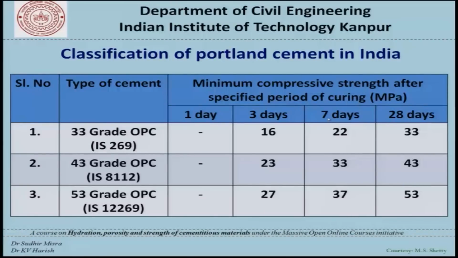You also see that all these cements, 33 grade, 43 grade and 53 grade, have the same chemical composition, and for the same chemical composition one cement produces higher compressive strength than the other. The primary differences between these cements will be in the fineness of the particular cement. For example, for the 33 grade, the fineness is much lower compared to the 43 grade and compared to the 53 grade.